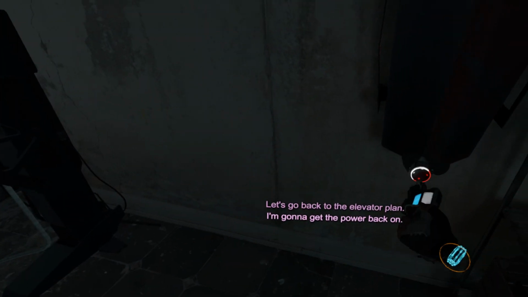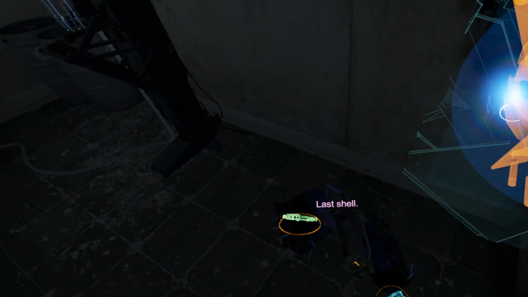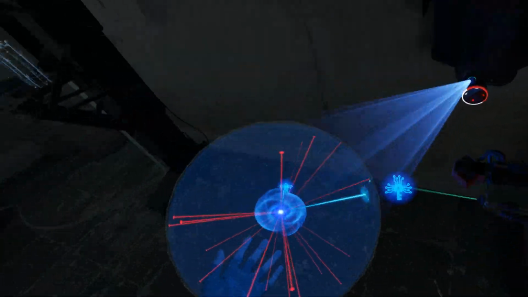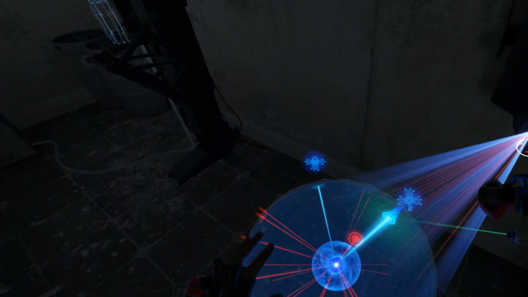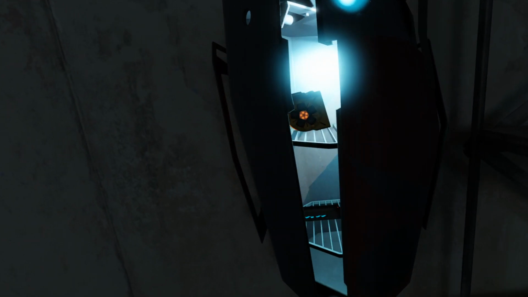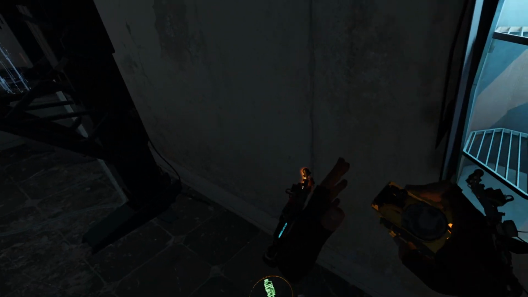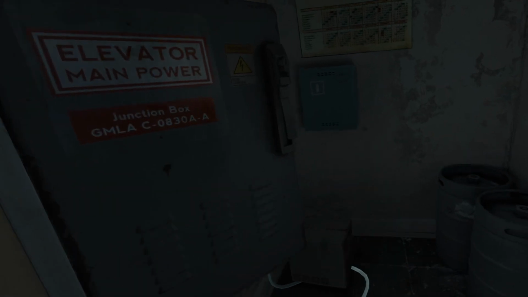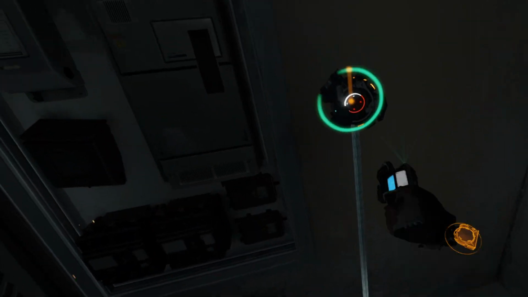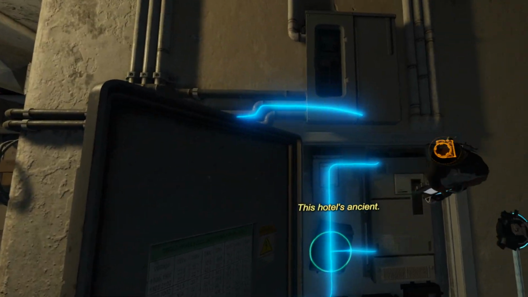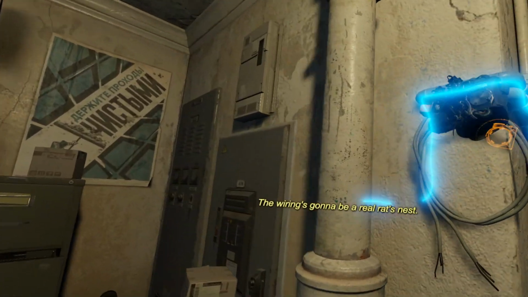Ooh, breaker boxes. Let's go back to the elevator plan. I'm gonna get the power back on. Let's show. Here we go. This hotel's ancient. The wiring's gonna be a real rat's nest.